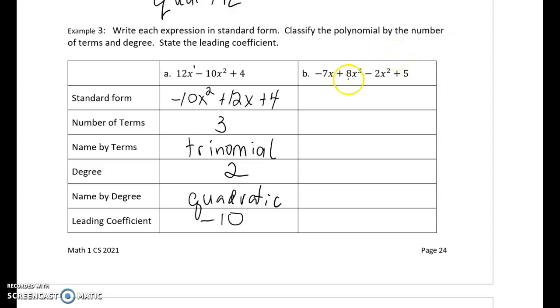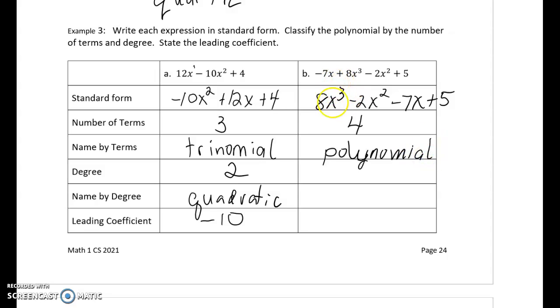Standard form. Again, we have 1, 2, 3, 4 terms in this polynomial. This is the one that has the biggest degree, so we're going to write that first. Next comes the x squared term, then the 7x, and finally the constant term at the end. Because we have 4 terms, that's going to make it a polynomial.